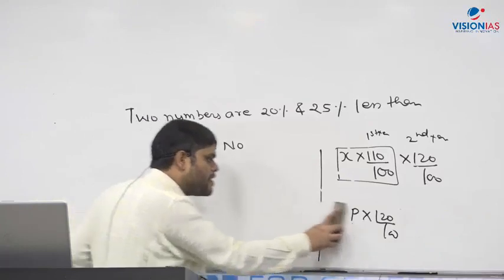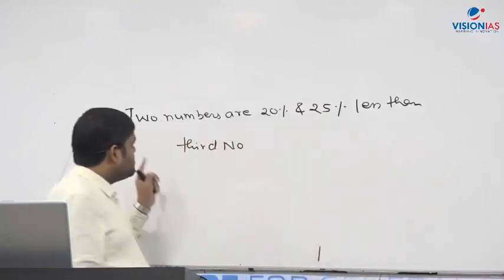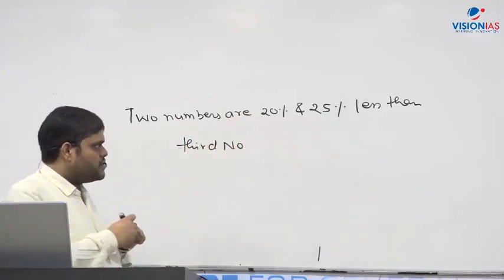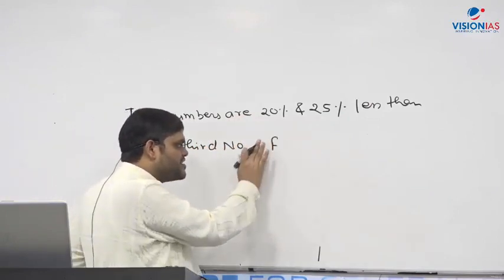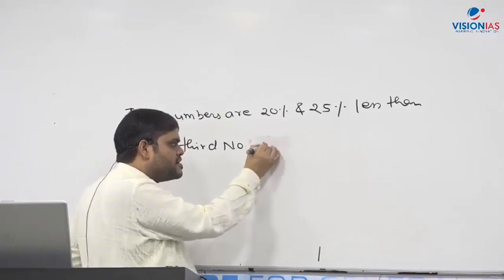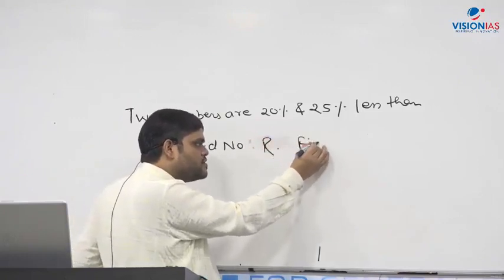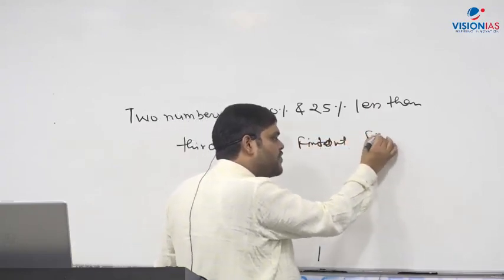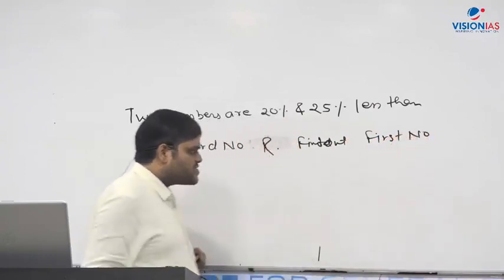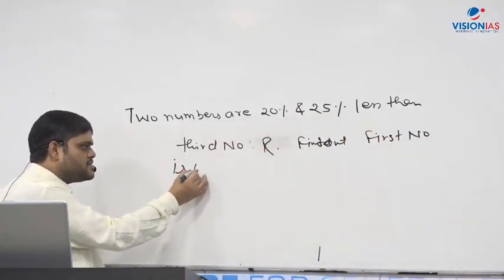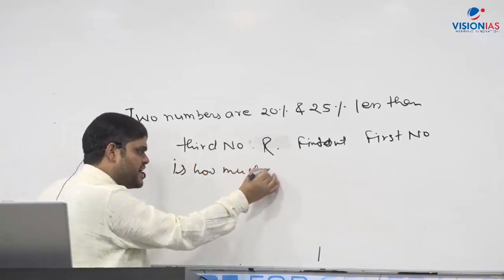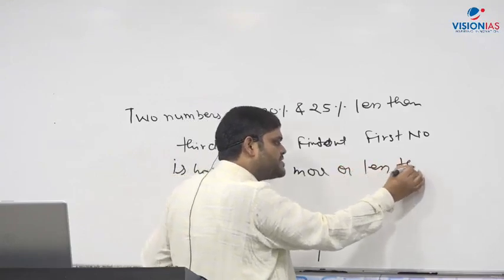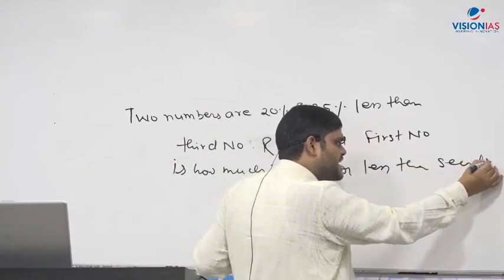Okay. The question is, two numbers are 20% and 25% less than the third number. Find out the first number is how much percent more or less than the second number.